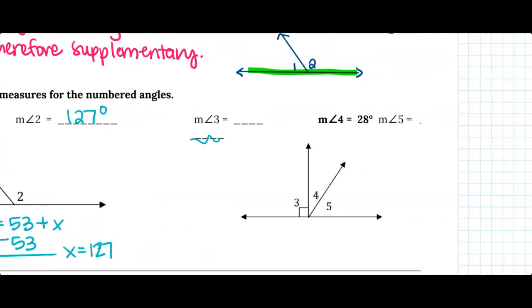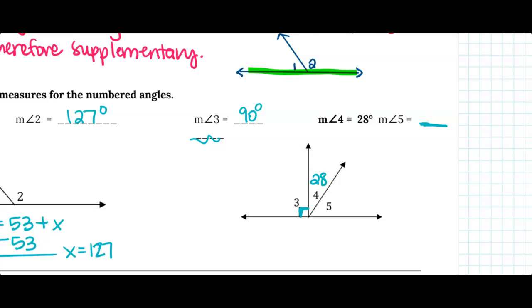This little blank should go over here. Looking at this one, we see that 3, 4, and 5 all make a linear pair, but because we have this little square here, we know that angle 3 is 90 degrees.